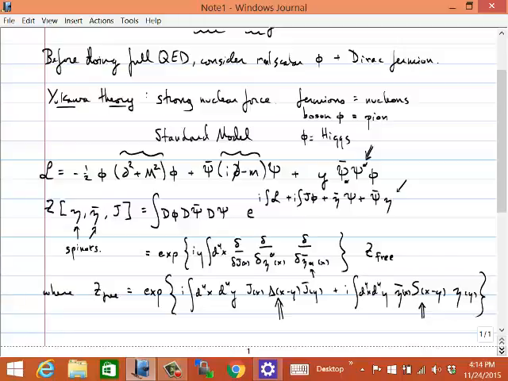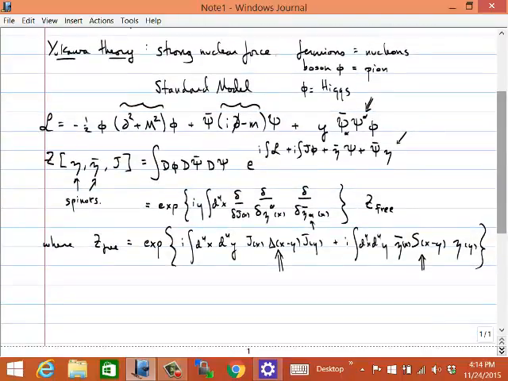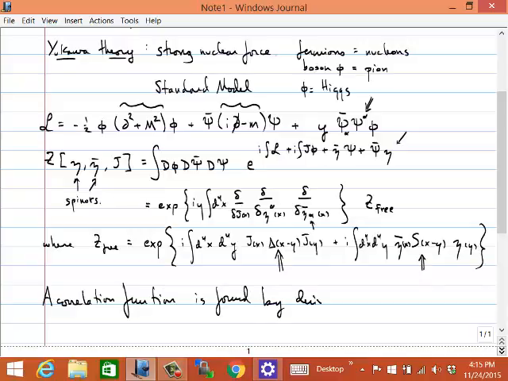And then, from this generating function, z, if we wanted to compute one of the observables of the theory, say a correlation function, that's just found by taking derivatives of this generating function.